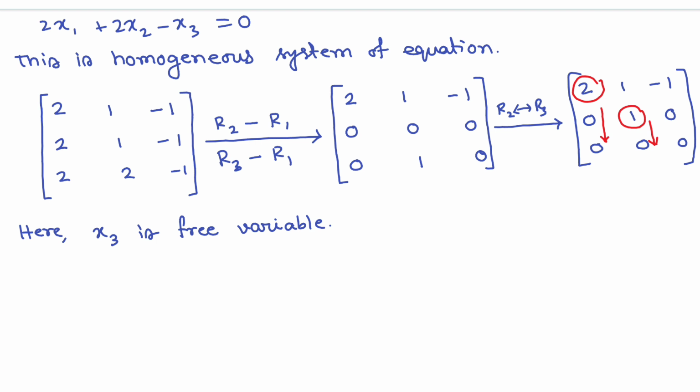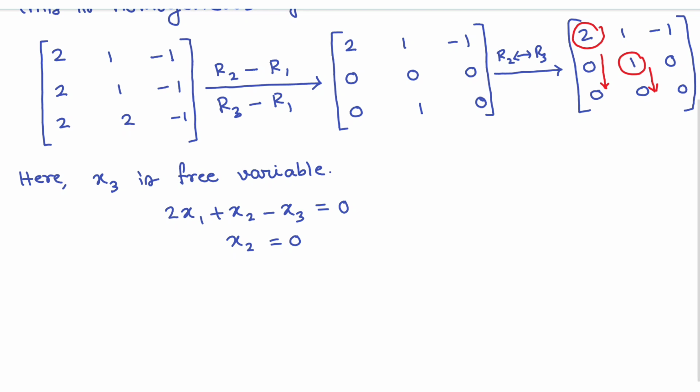So the system of equations is 2x1 plus x2 minus x3 equals 0 and x2 equals 0. x2 equals 0, you are getting a solution. And you have to take x3 equals k.